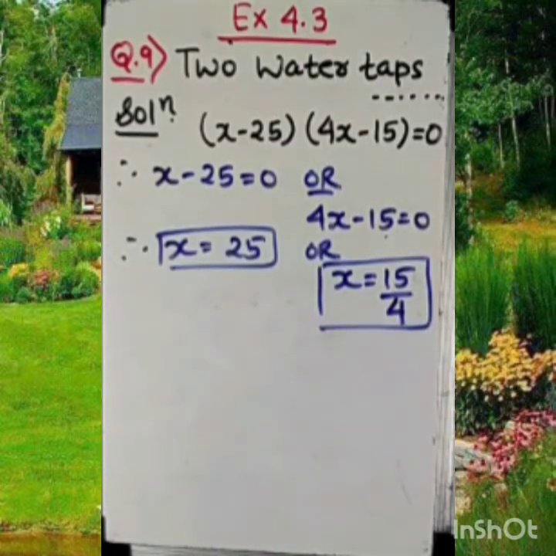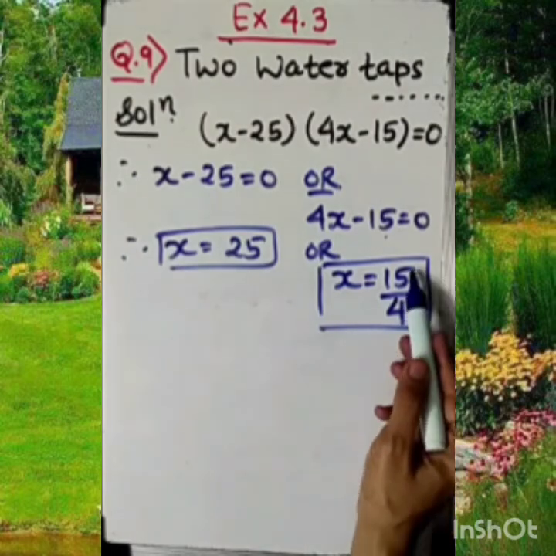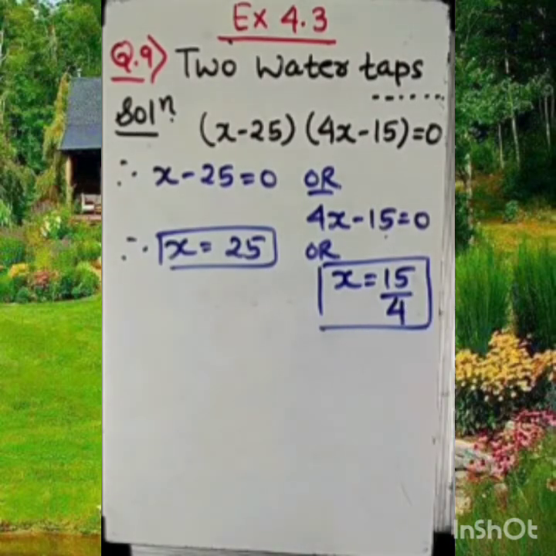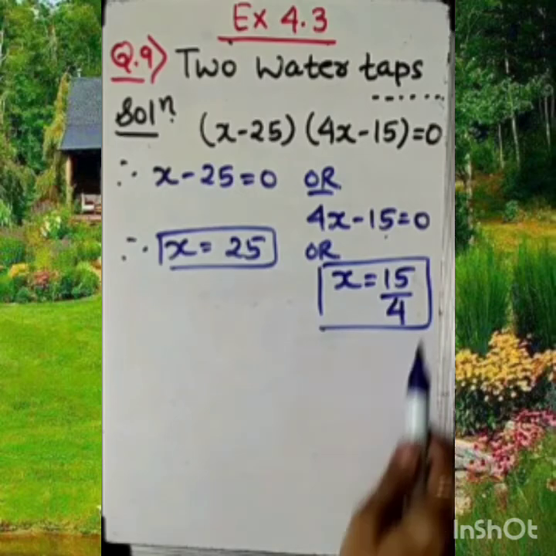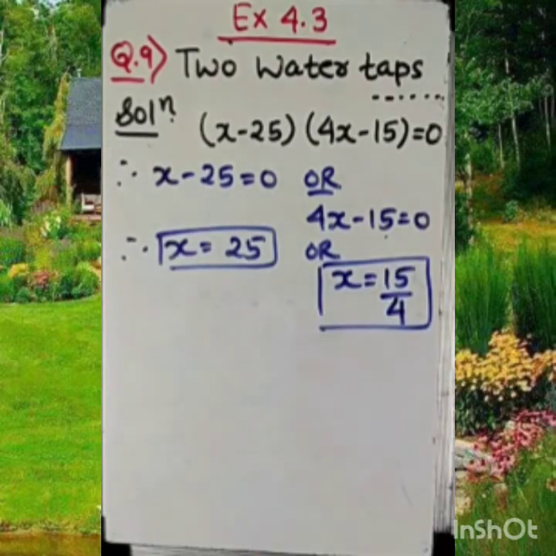So these two are the zeros of this polynomial. Actually, we are given 15 by 4. If I divide 15 by 4, what is the simplification of this? If we divide, then 3.75, which is less than 10.